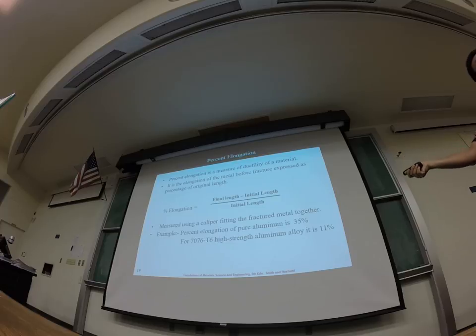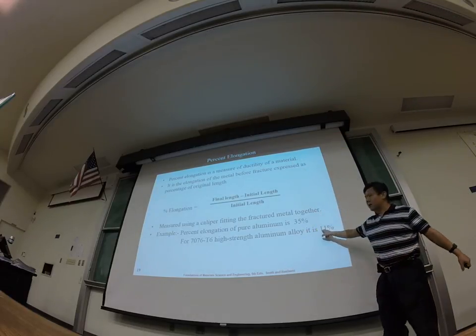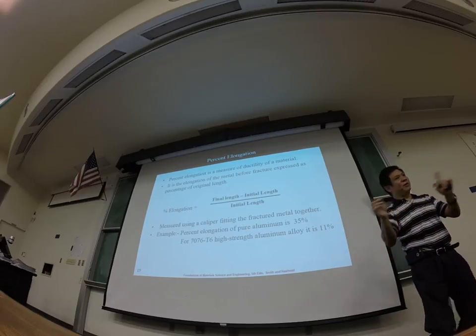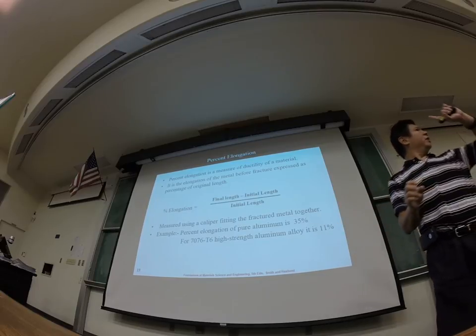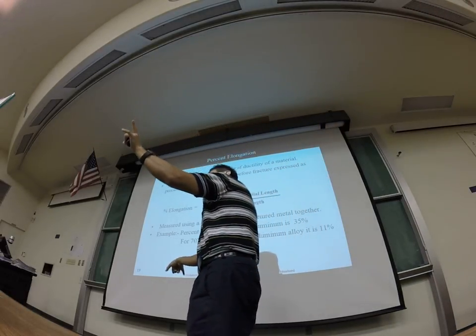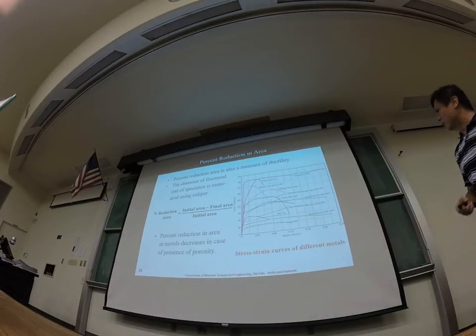If you use an alloy of aluminum, which has a higher strength and means less ductility, the percentage elongation is only 11%. So when you have a larger stress, a larger strength, the material suffers less elongation. They can undergo less elongation.